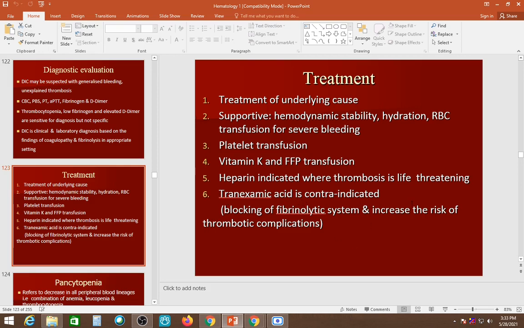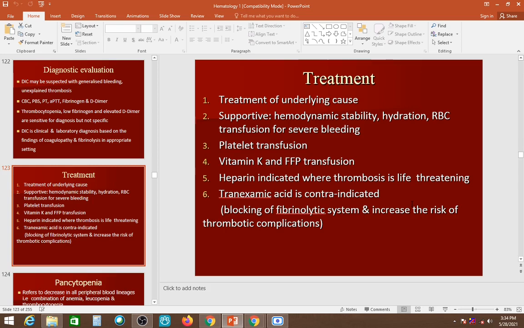Whenever we get a bleeding patient, the first and foremost thing that we doctors do is that we always give tranexamic acid. But remember that tranexamic acid is contraindicated in DIC because it blocks the fibrinolytic system and thereby increases the risk of thrombotic complications. So always try to evaluate the patient.